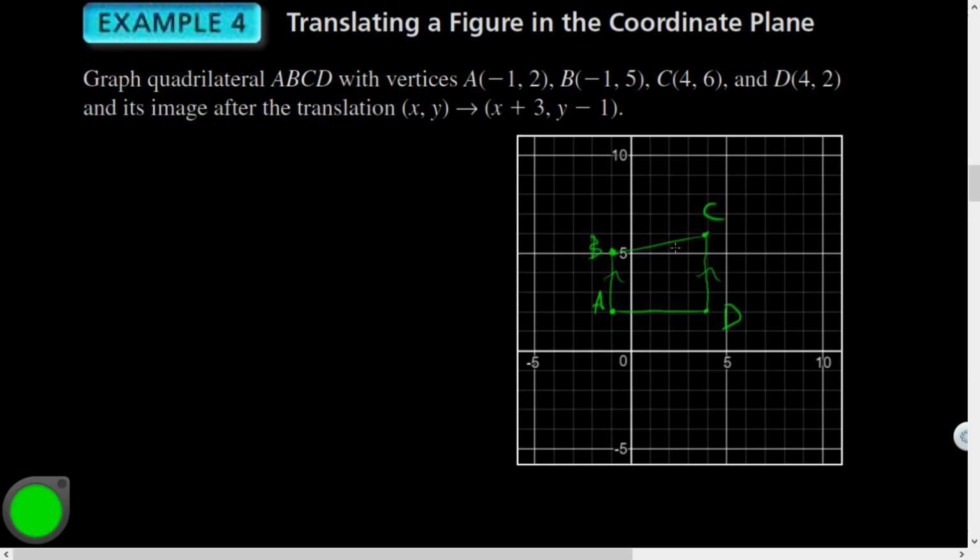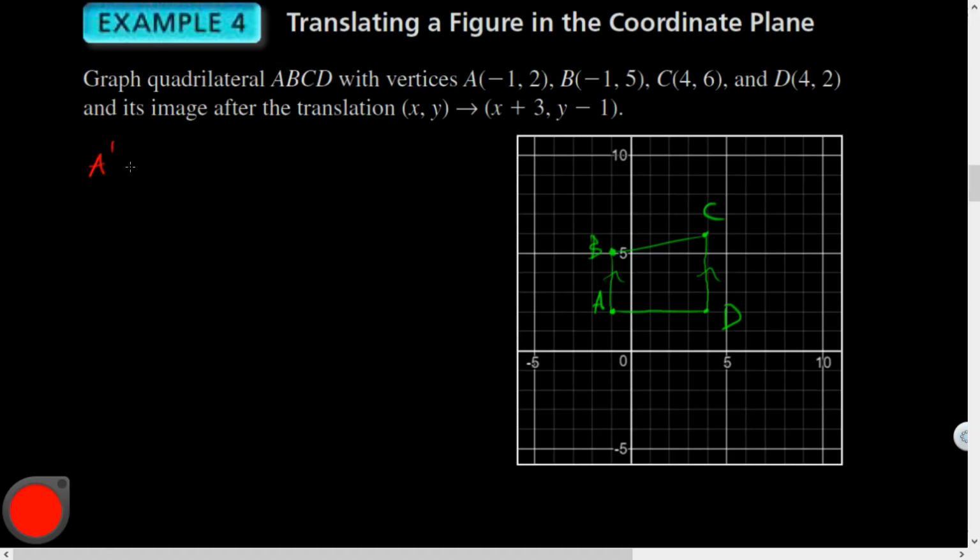Looks like a trapezoid, my friends. Trapezoid. All right, and we want to plot it, but we're going to move it using the transformation rule here, not using the graph. Let's see what happens, and we'll see if it lines up.